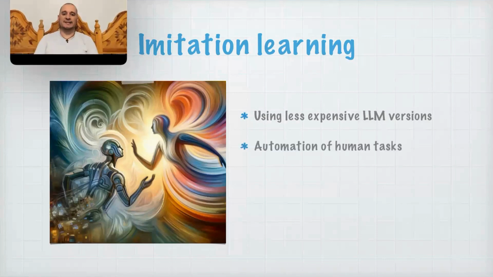Let's explore a second big idea around imitation learning, which is the automation of human tasks. Very obvious. By using imitation learning, comparing how a person does a task, the large language model can start to learn from it. One very simple example of this could be sales.